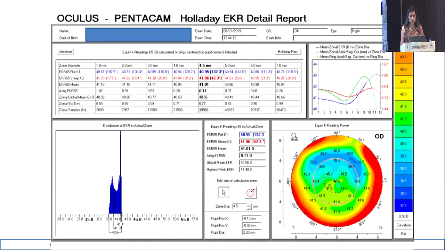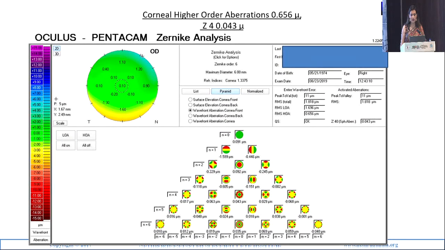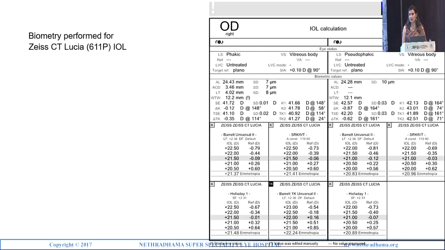Since it was not a single peak, and when we also saw that the corneal aberrations were on the higher side, 0.65, and the Z4 was 0, we thought, why not use a negative aspheric lens such as the Zeiss Lucia that can result in slight negative asphericity post-surgery. So the patient also achieved some amount of depth of focus.